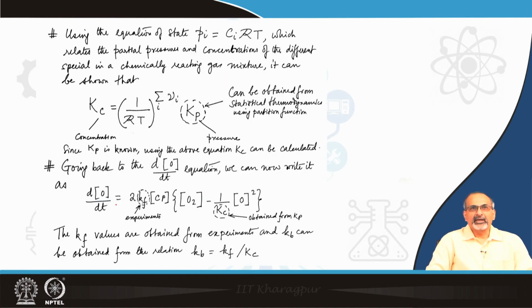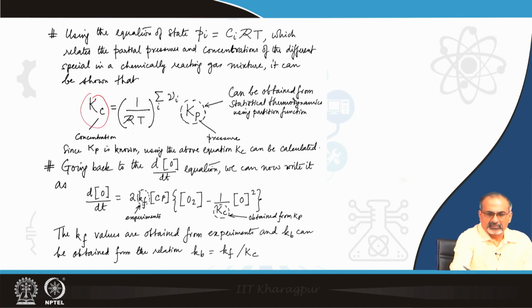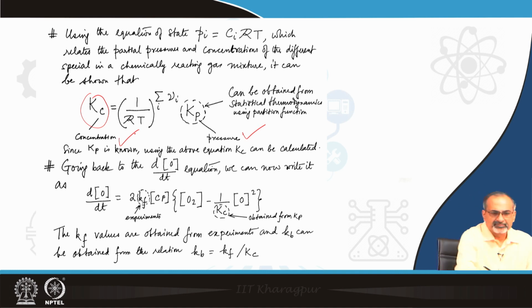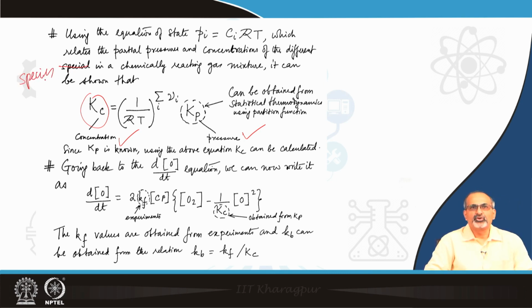Now, when it came to connecting these coefficients, we connected the one based on concentration and one based on pressure using the conceptual connection between the two, where we use the equation of state p_i equal to c_i R T, which relates the partial pressures and concentrations of the different species in a chemically reacting gas mixture, and you can show this relation between Kc and Kp. Since Kp is known, using the above equation Kc can be calculated.